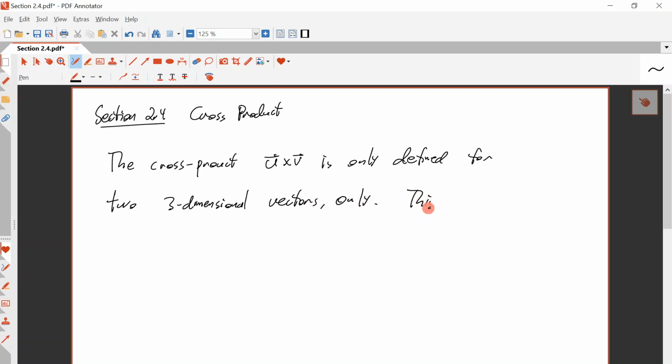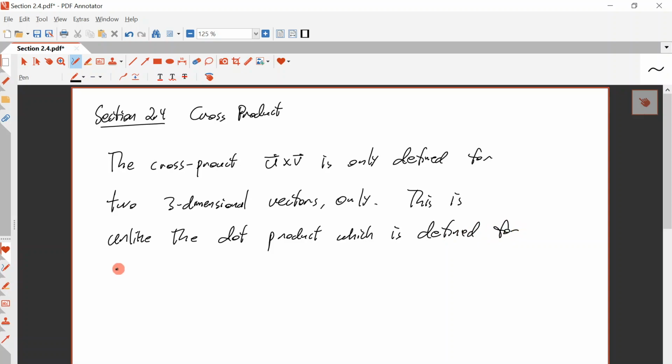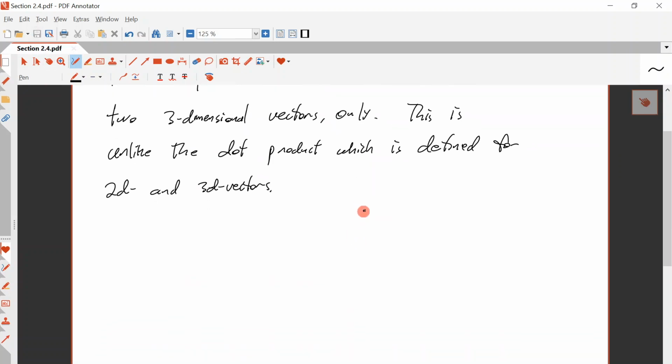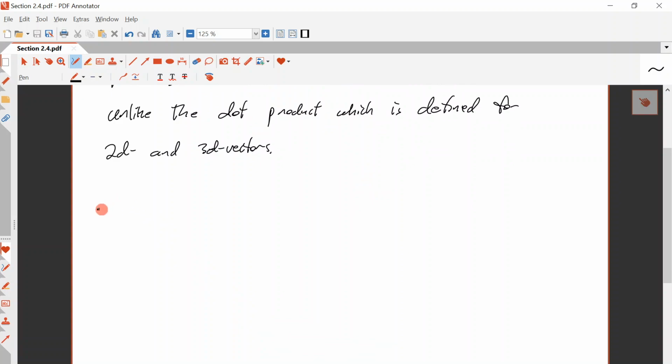This is unlike the dot product, which is defined for 2D and 3D vectors. Okay, but before we define the cross product, we need to go over some preliminary ideas.